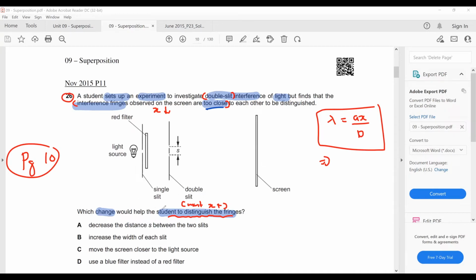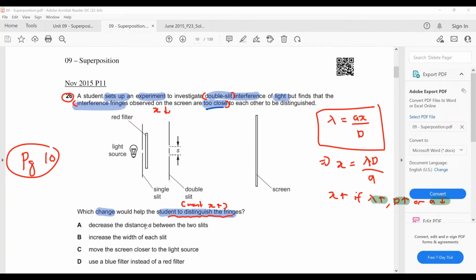If you want to find what change can help increase your X: lambda is aX over D, so X is lambda D over a. X increases if lambda increases, D increases, or a drops. So what you just want to do now is see which of these changes match this.